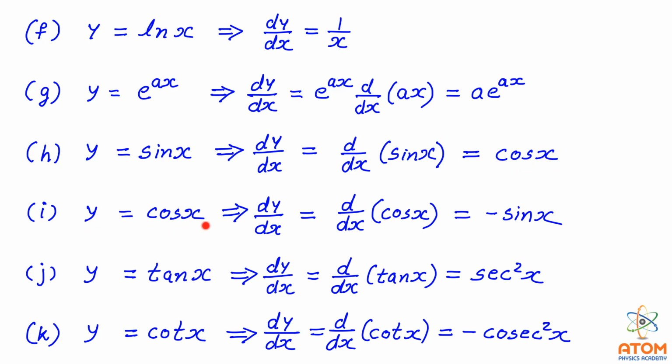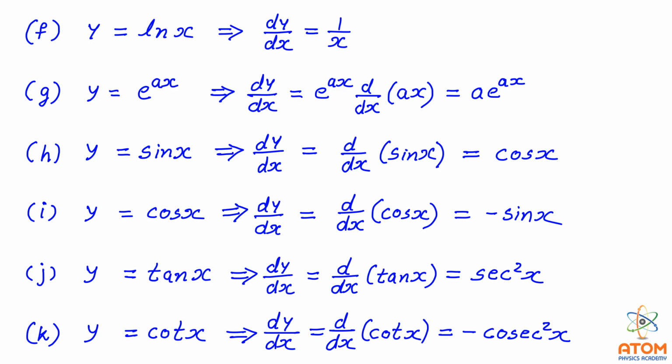If y is equal to cos x, then dy by dx is minus sin x. If y is equal to tan x, then dy by dx is sec square x. If y is equal to cot x, then dy by dx is minus cosec square x.